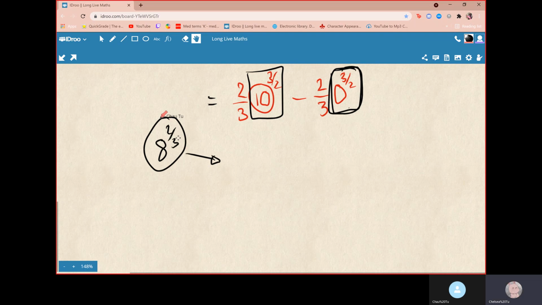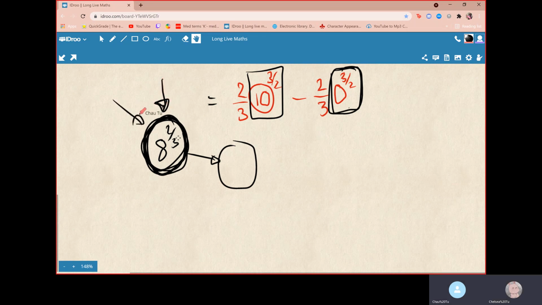What is this as a number? Without using a calculator, how would you work it out? No, just give me, what is this? At the moment, this is too complicated. What number is this? 8 to the power of 2 over 3.